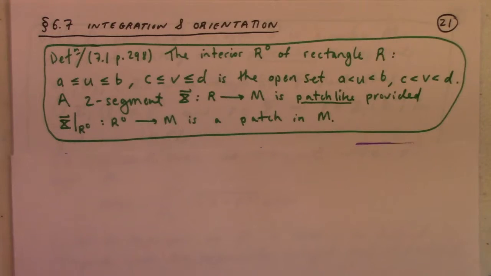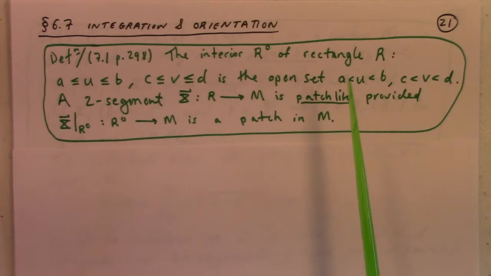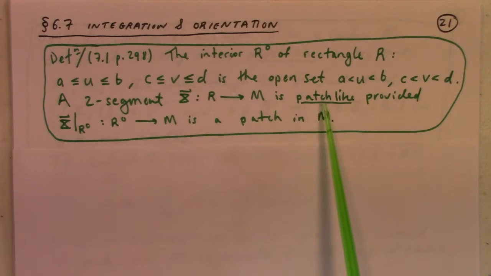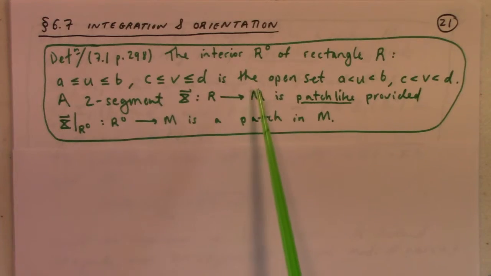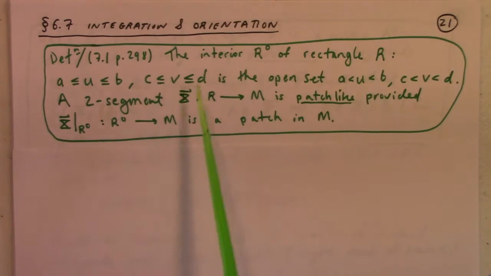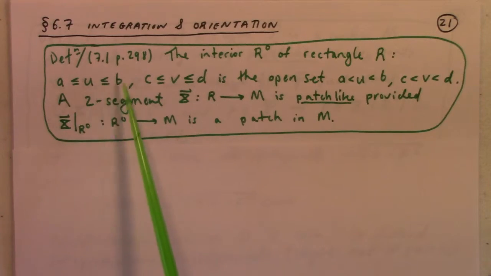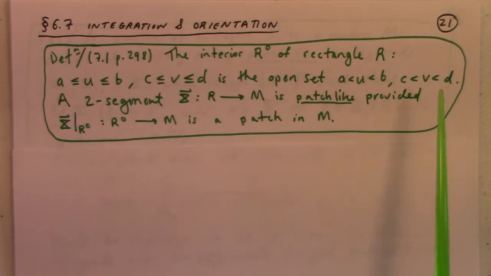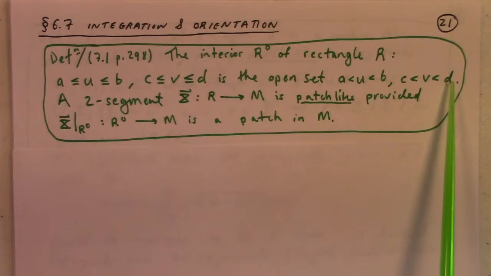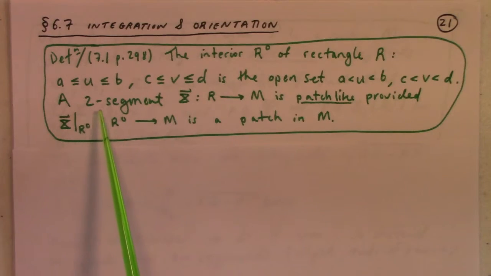Where was it? All right, so first of all, we should just talk a little bit about two-segments, and two-segments being patch-like. What's that mean? So you have a rectangle, say from a to b for u and from c to d for v, and so there's an open set, right? Then a two-segment, that's the interior of this closed rectangle.